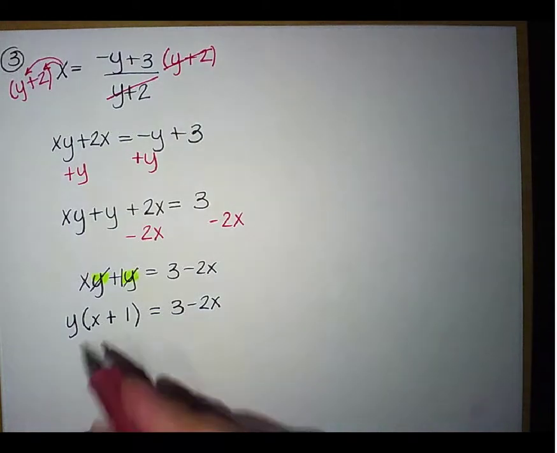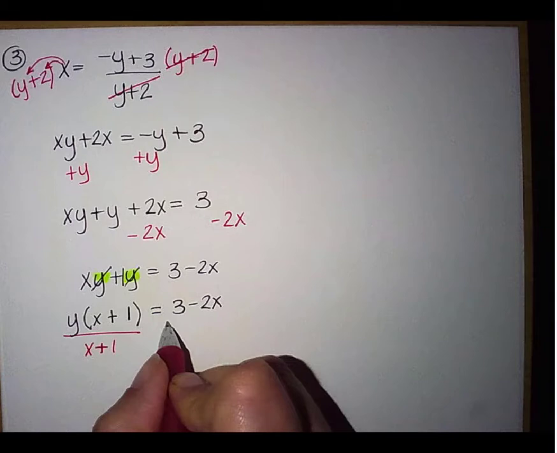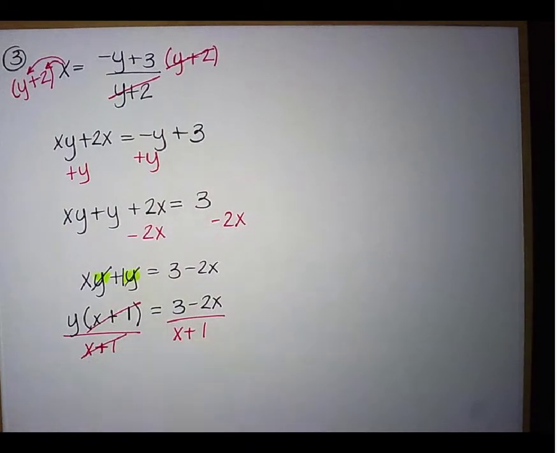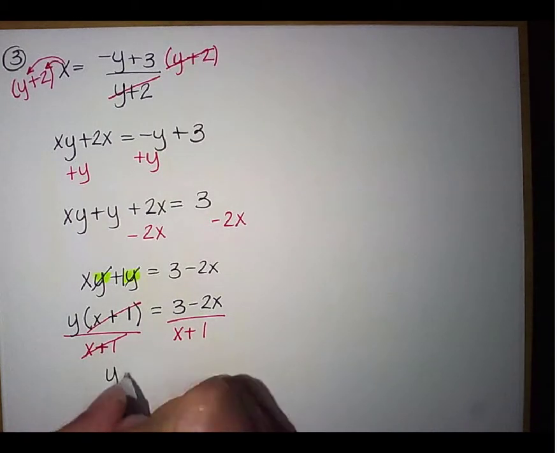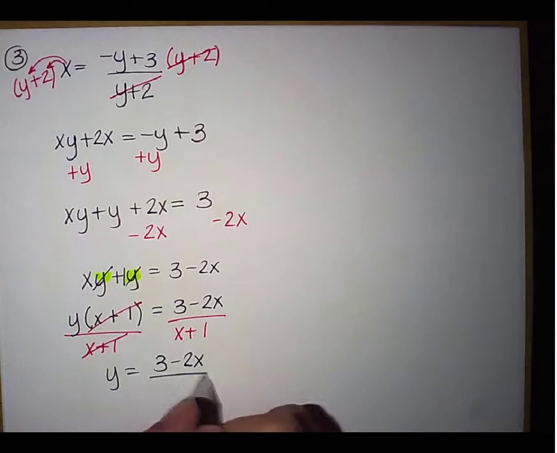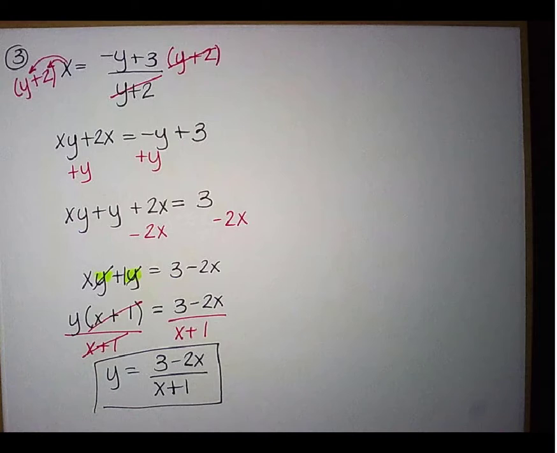And again, the last thing we would want to do is divide by whatever sat in that parentheses, so in this case x plus 1. The x plus 1's are going to cancel each other out. So we're going to get y equals (3 minus 2x) over (x plus 1). And this would be our answer for that last one.